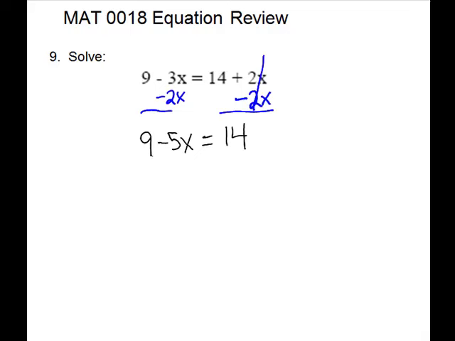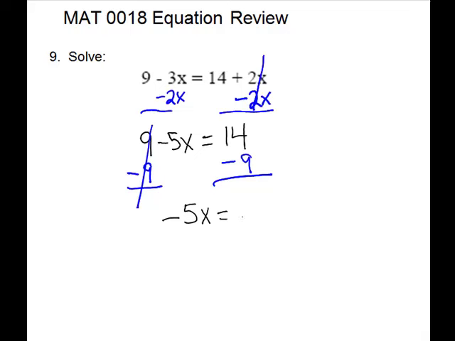So first you need to take off the 9. Now the sign is in front of it, so it's a positive 9. We need to take it away. Do the same thing on both sides. Clean up. The 9 goes out on the left, leaves us a negative 5x.